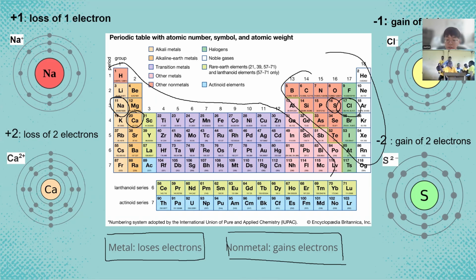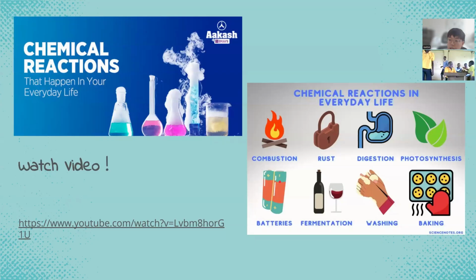All right, great. Let's move on to today's lesson then. We said we will be learning about chemical reactions. There are a lot of reactions that can happen in our lives between chemicals. Some examples are combustion, which is burning a substance with fire, rusting, and digestion happening in our body.